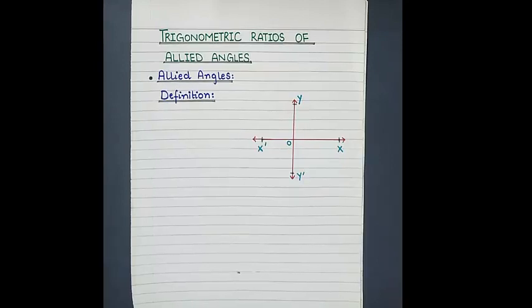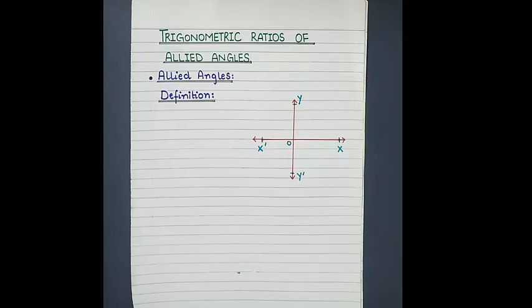Today we are going to discuss a very interesting topic, that is the trigonometric ratios of allied angles. While solving the questions of the allied angles, when we are given some sine, cos, tan, any trigonometric ratio with an allied angle, students have different misconceptions and different difficulties to solve that question.